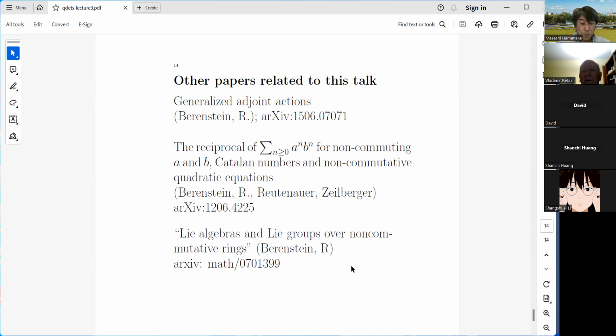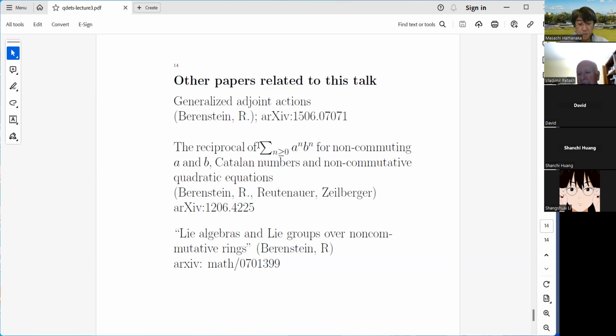And since somebody asked me about non-commutative groups, classical groups like SLn and so on, I could mention again our joint paper with Arkady, where we considered a sort of Lie algebra, trying to build a theory of Lie algebras and Lie groups over non-commutative rings.